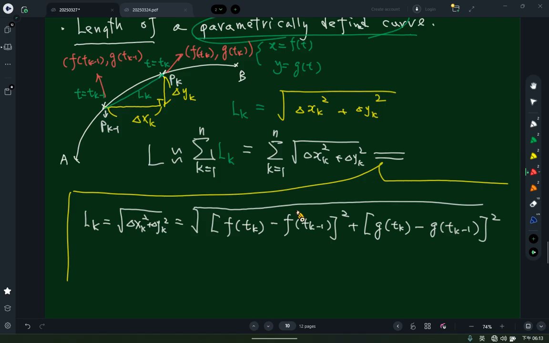Okay, then I hope you still remember we can use the mean value theorem.